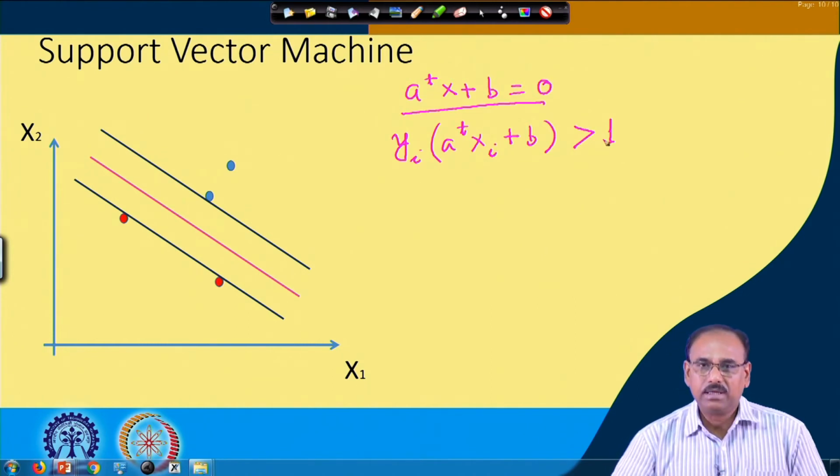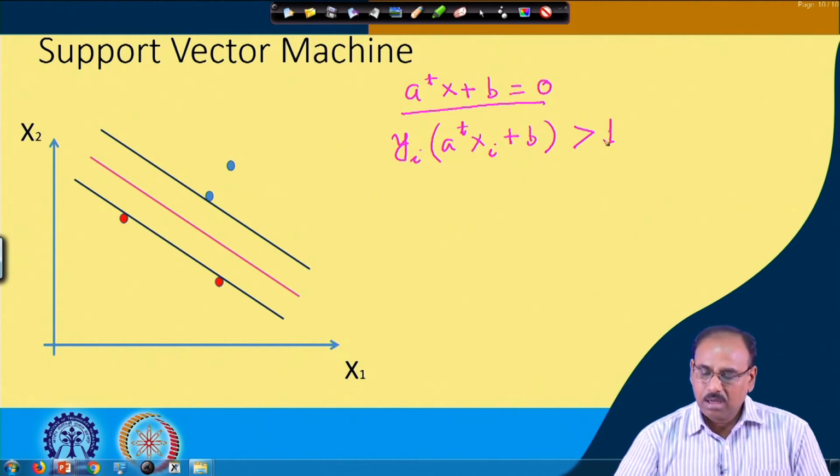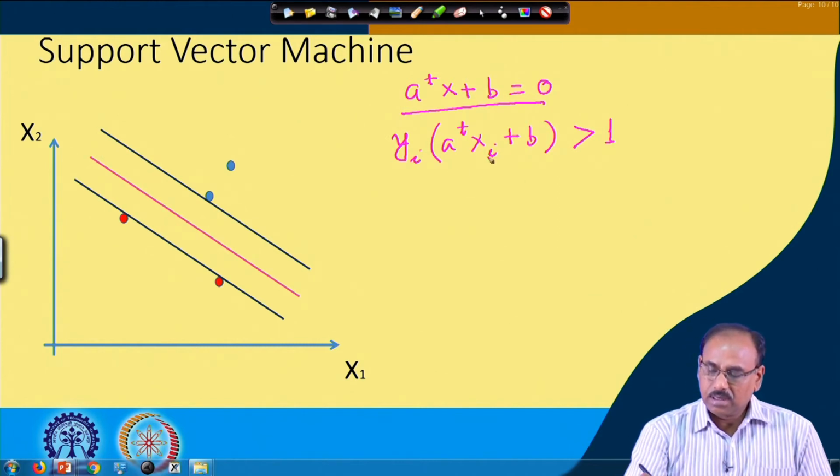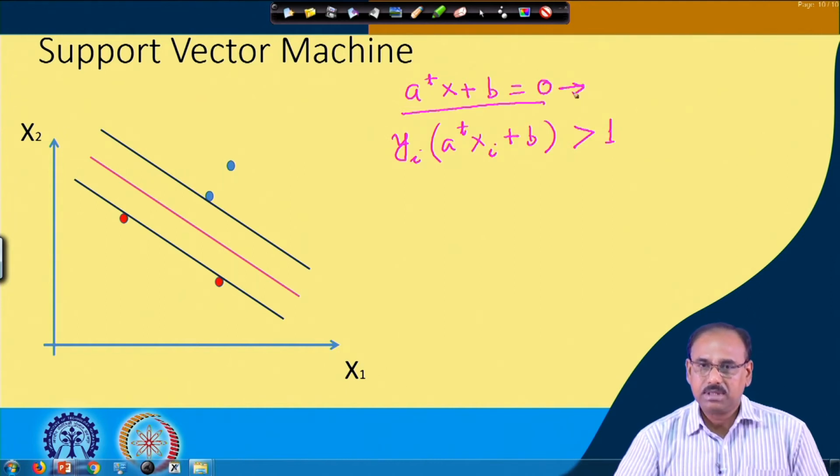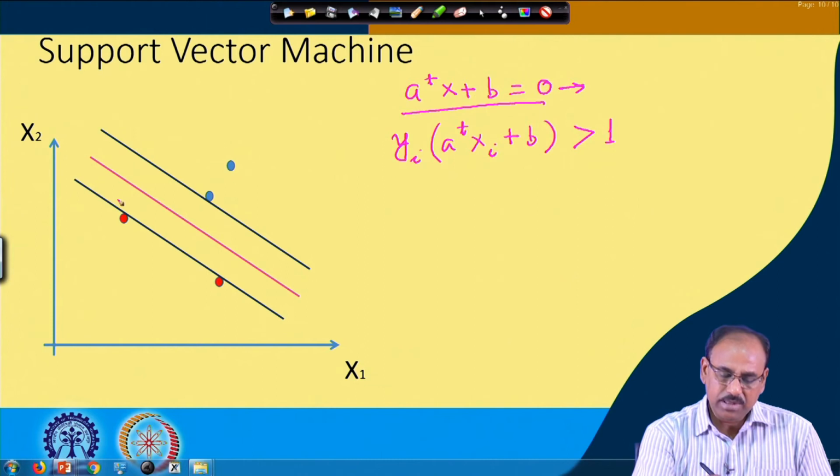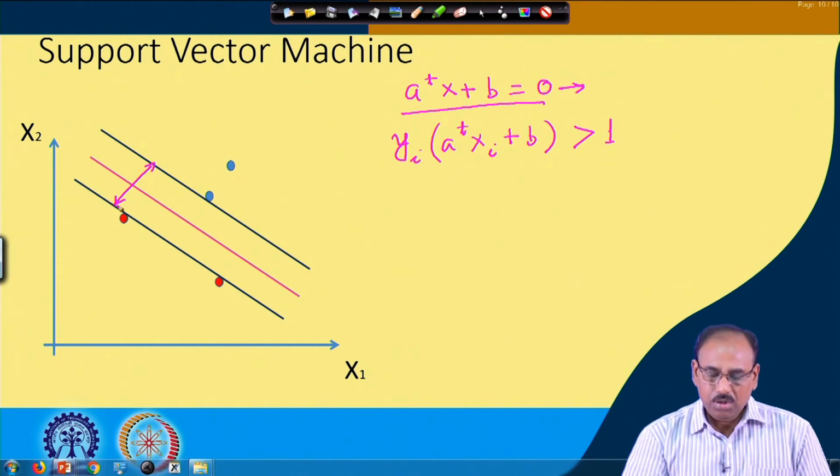So, how can I do that? I should take that particular separating plane which maximizes this margin. So, how can I obtain this margin and how can I maximize it?